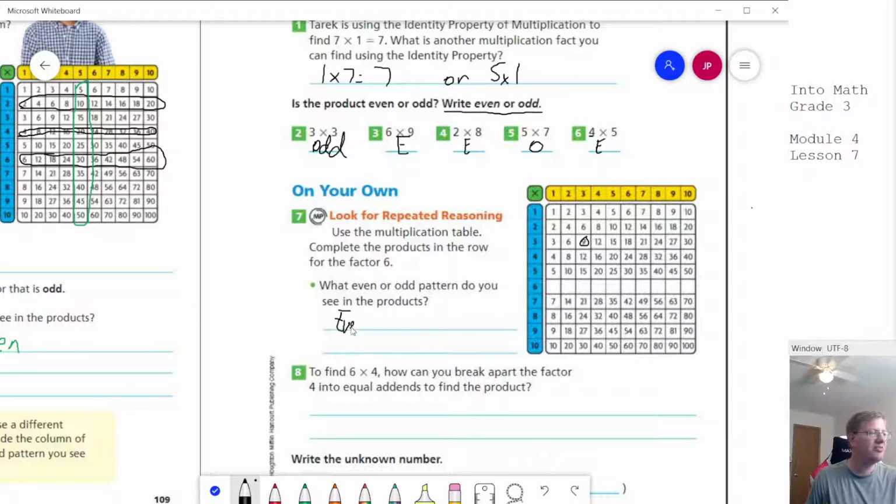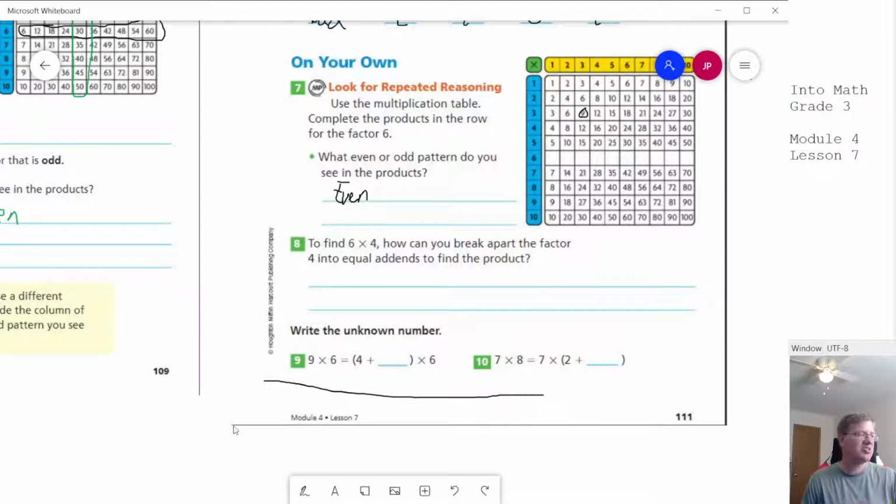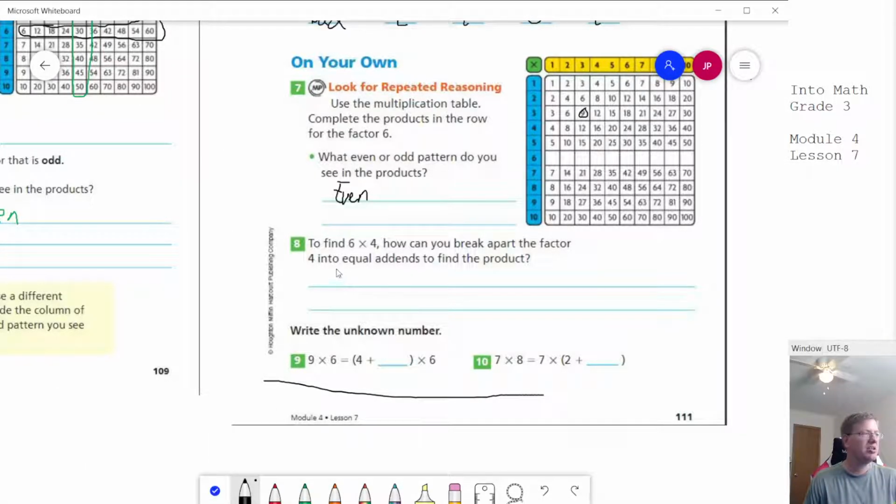And then now for the part that I've had some students still struggling with. So how can we break apart the factors? So this book goes over the distributive property a little bit later than I'd like. And so some of my students are used to just trying to find the final answer without worrying about how to break them apart into easier things.